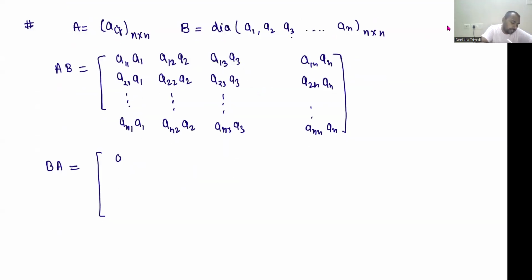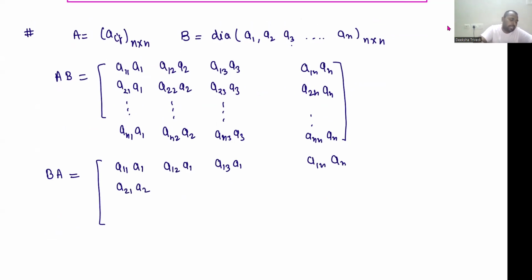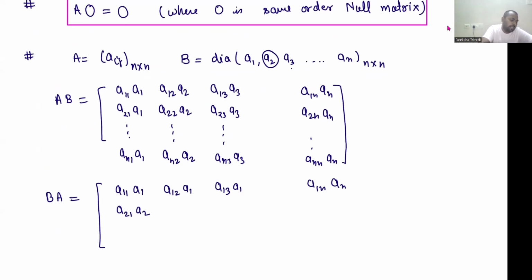We can say A11 into A1, A12 into A1, A13 into A1, and so on, A1n into A1. Again, the second element A2 is multiplied with all elements in the second row: A21 into A2, A22 into A2, A23 into A2, and so on, A2n into A2.